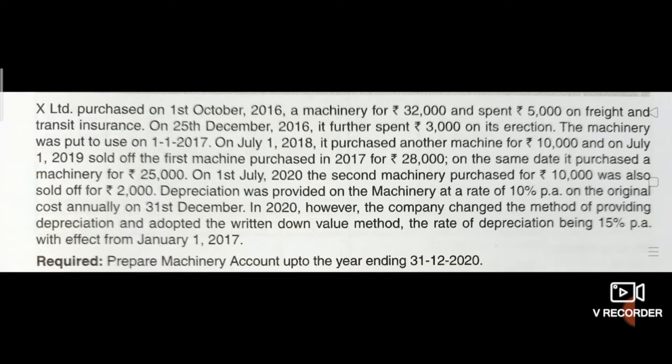Then we will calculate the depreciation from 2017 to 2020 by the new method, that is the changed method, written down value method. And then we will calculate the difference between total depreciation, and then we will prepare the machinery account. Okay, so let's start.